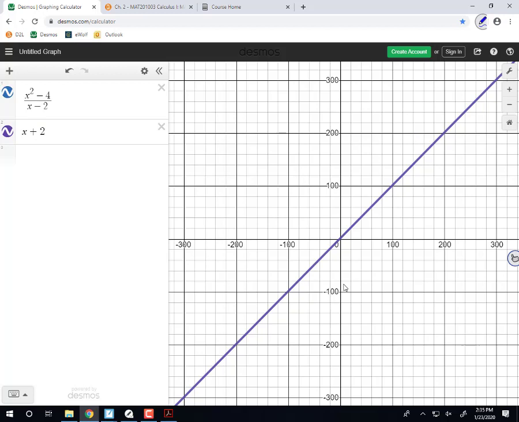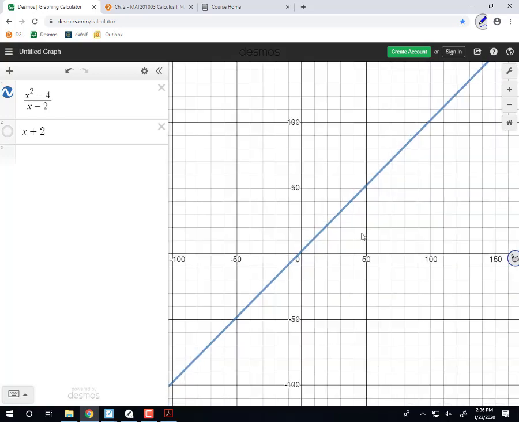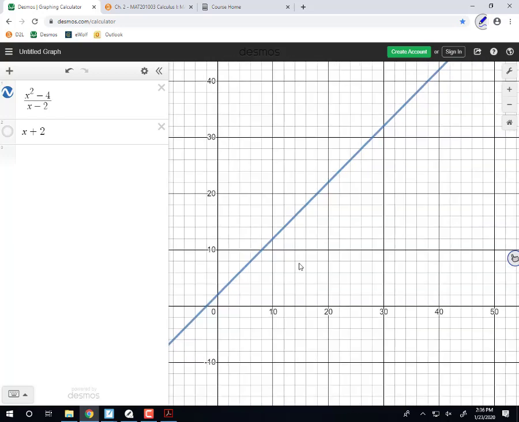How do they differ? The hole, right? The rational function has a hole on it. So when we graph this rational function, yeah, we're graphing the line, but that line has a hole on it. That's the only difference. So if we turn this off and we get closer here, we're approaching 2.